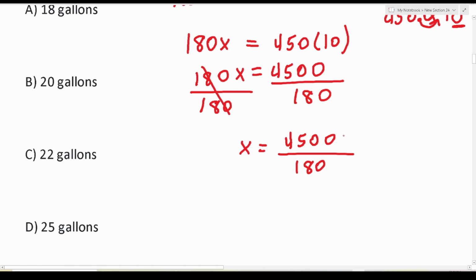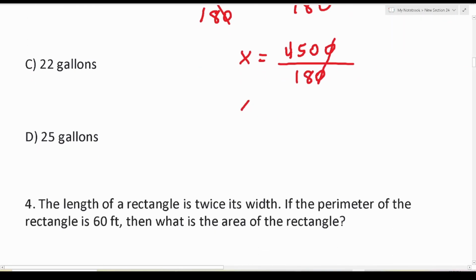To make this math a little bit easier, we can cross out these corresponding zeros to make this 450 over 18. And it should be pretty obvious that both 45 and 18 have a common factor of 9.